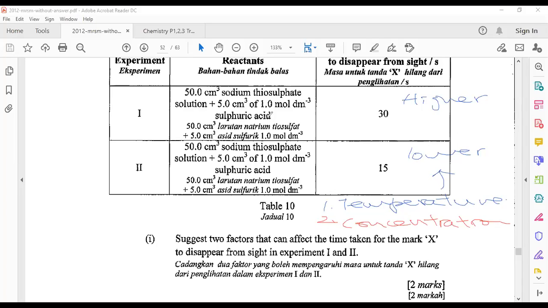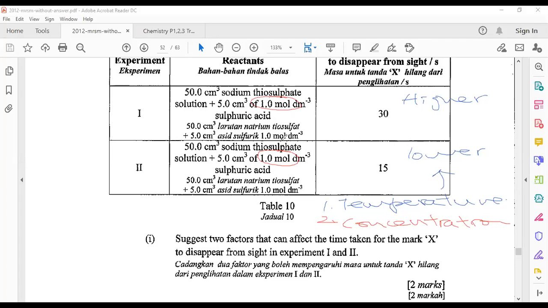Now you might say that, oh, this one and this one are the same, so which concentration can I change? You can actually change the concentration, no problem. When you want to change the concentration, you are going to add in water.